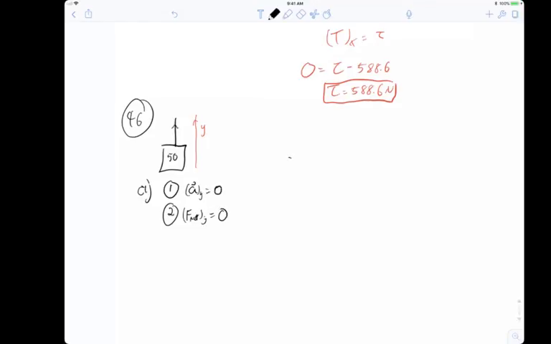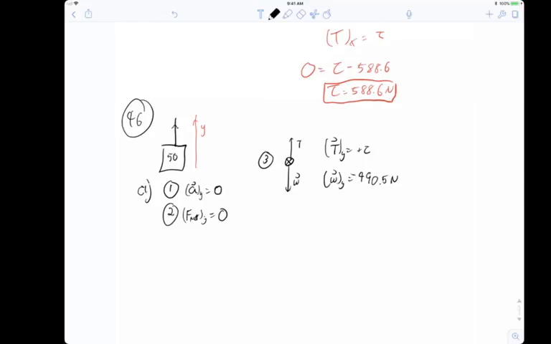Let's talk about the forces on the object. 3. There's the weight and the tension force. Only those two. Tension force in the y direction is plus tau. I don't know how big it is. And weight in the y direction is minus 490.5 newtons.